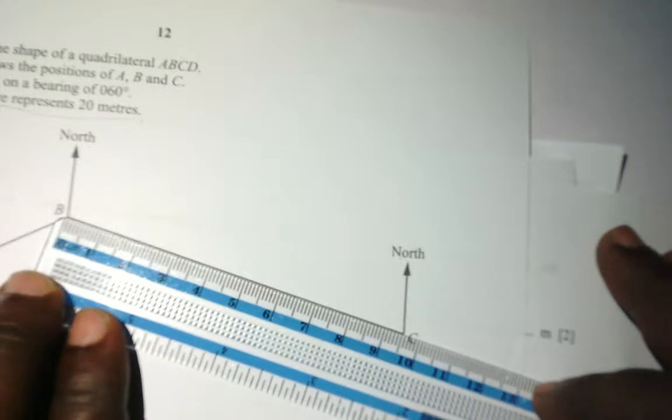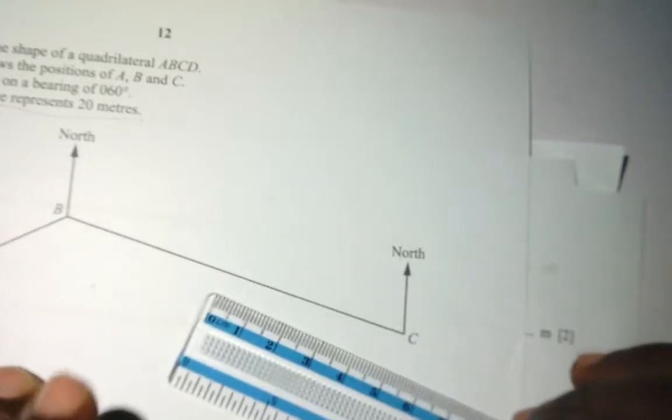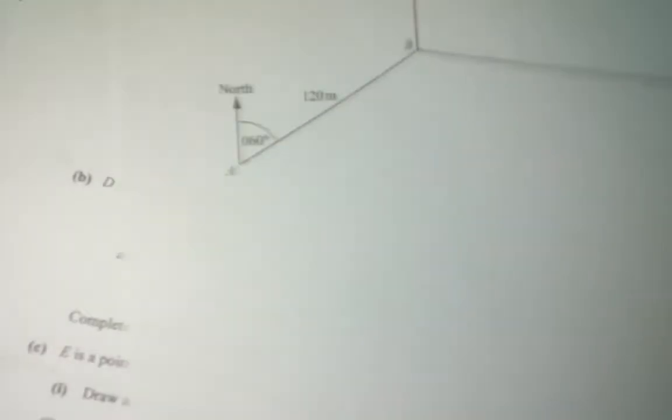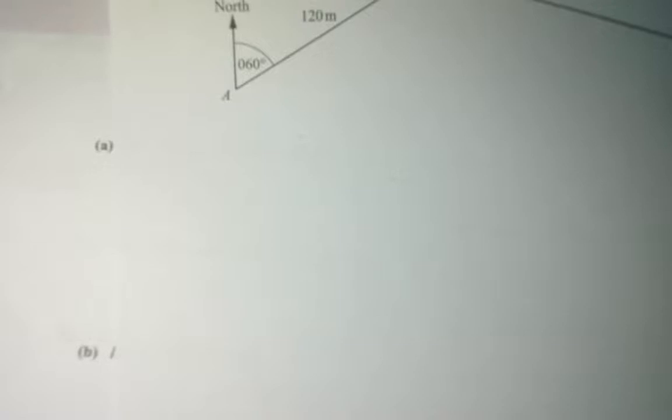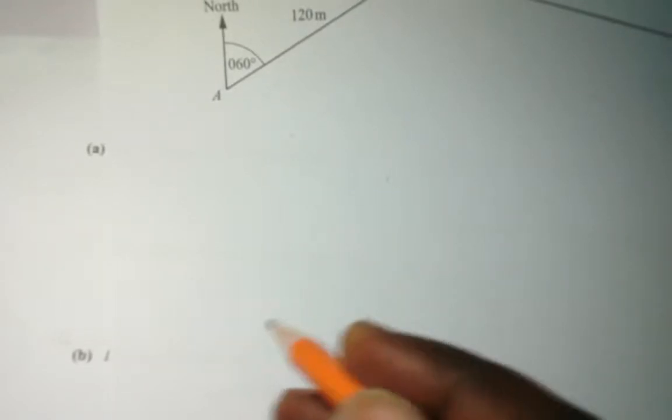That is 9.5 there. And then you go back to the scale of the scale drawing. The scale says 1 centimeter represents 20 meters. So if 1 centimeter is 20 meters, what would the 9.5 we just measured be?